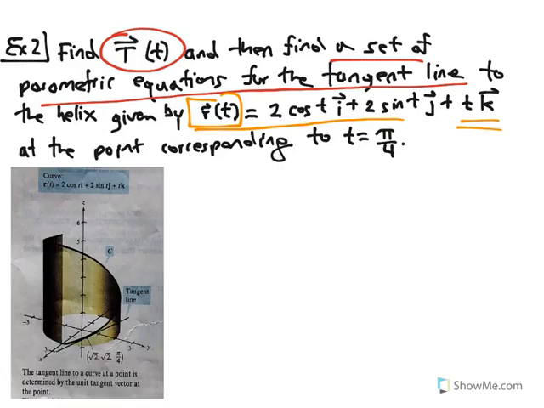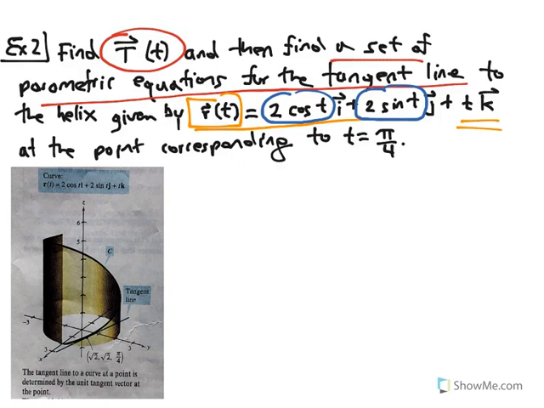You will make the observation that because the horizontal, or the x and the y components, are 2 cosine t and 2 sine t, if you were to think of this 3-dimensional curve as being on a 2-dimensional base, the base would be a circle centered at the origin of the xy plane with a radius of 2 units.